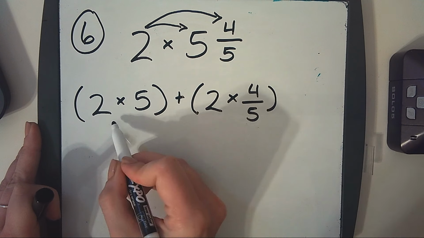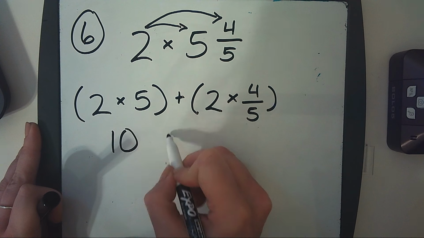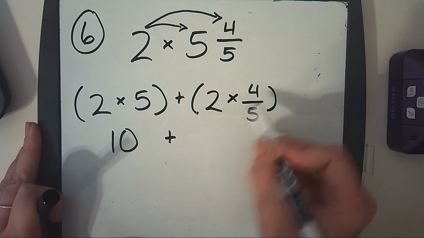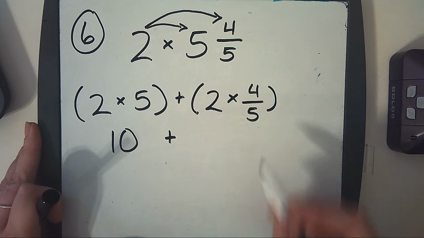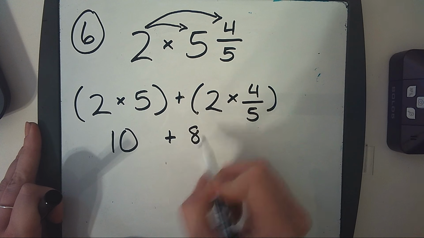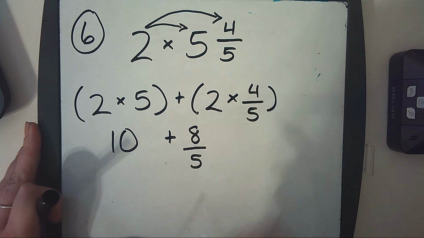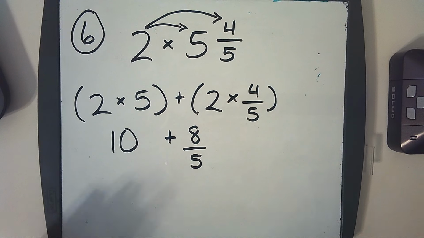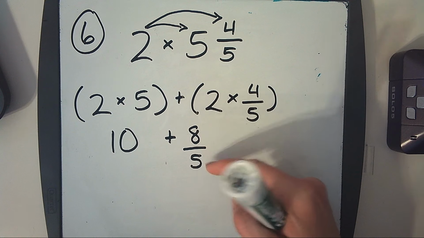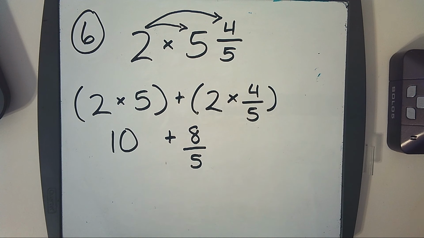Two times 5 is 10, plus 2 times 4/5. So 2 times 4 is 8 over 5. That one's a pretty easy one to turn into a mixed number.